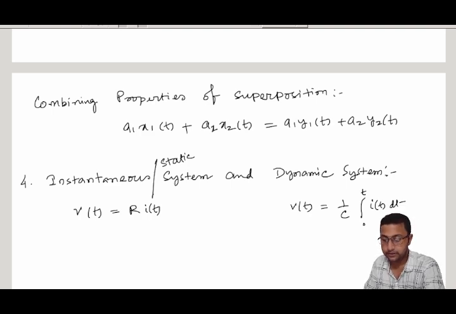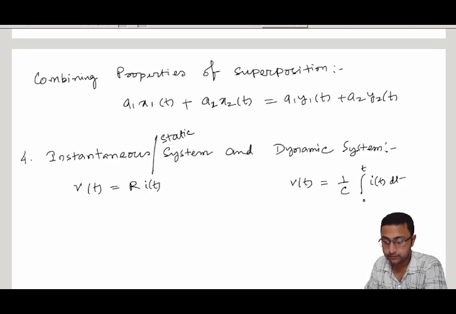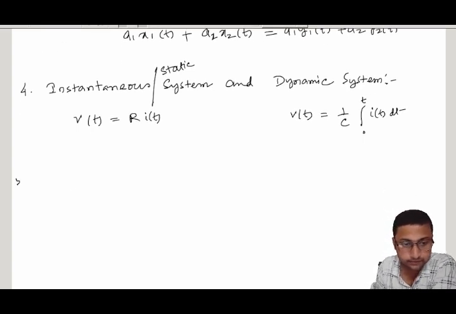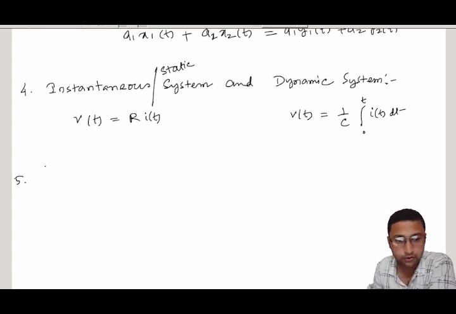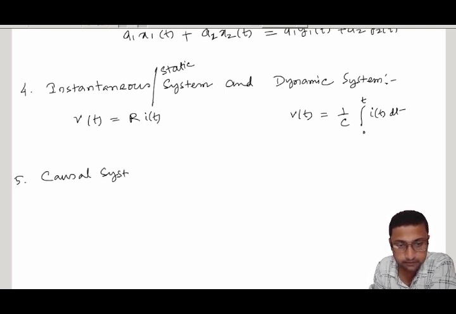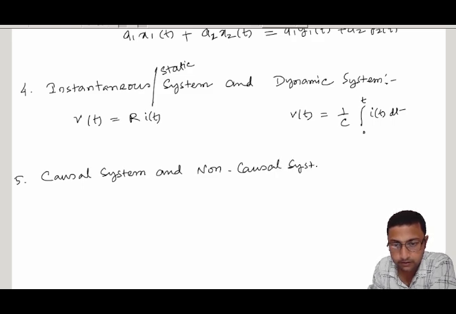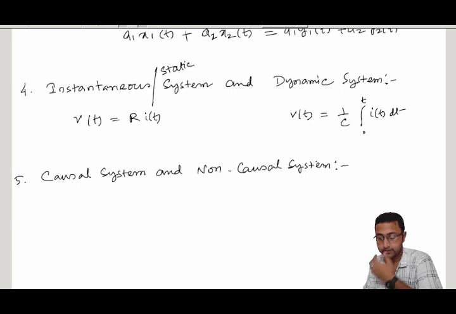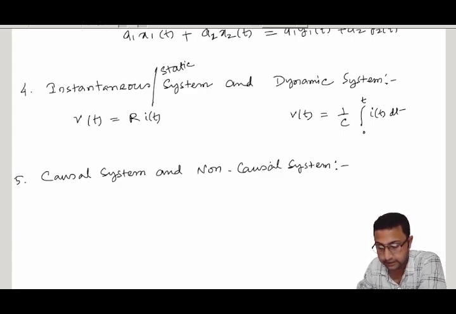The next one is number 5, causal system and non-causal system. A system is said to be causal if the output of the system depends only on the present time input or the past time input, but does not depend on the future.